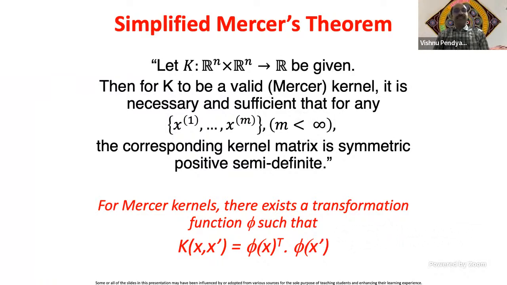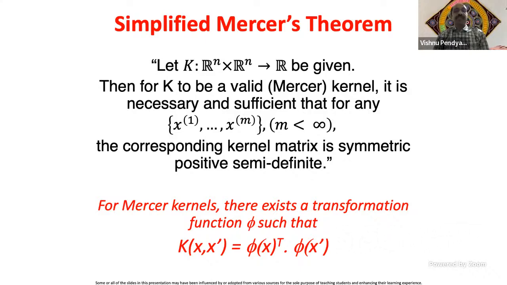Mercer theorem states that given a function k, which takes two arguments. Actually, they need not be real numbers, but for simplicity, let us consider real numbers. So the real number, two vectors basically.